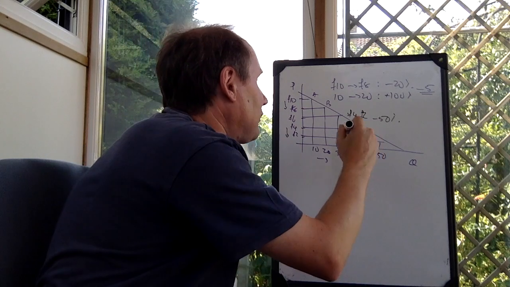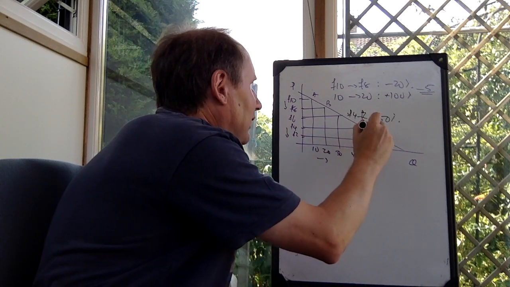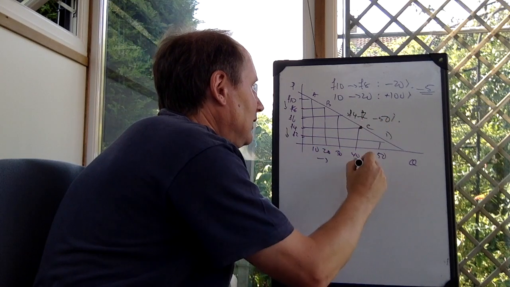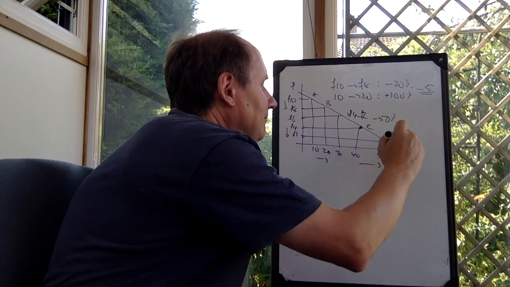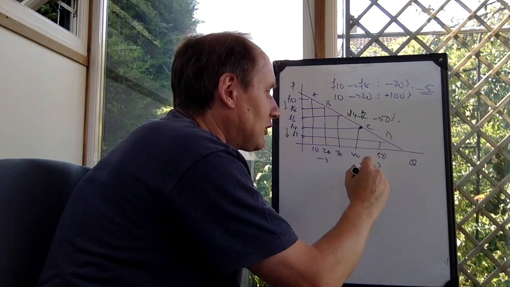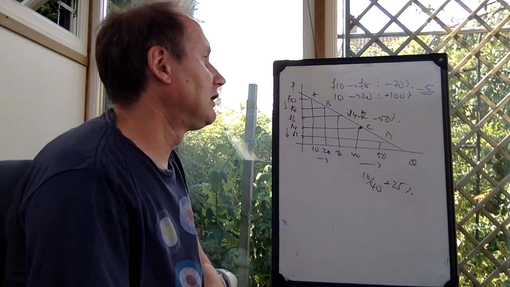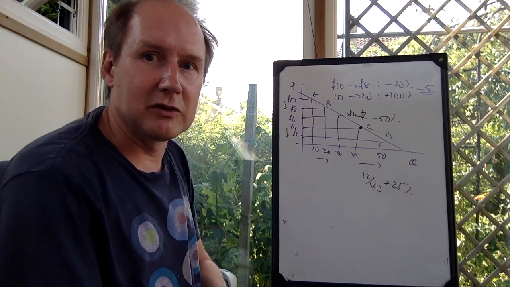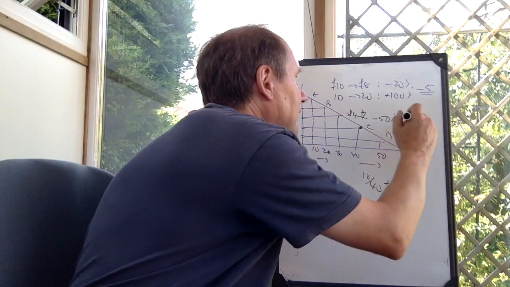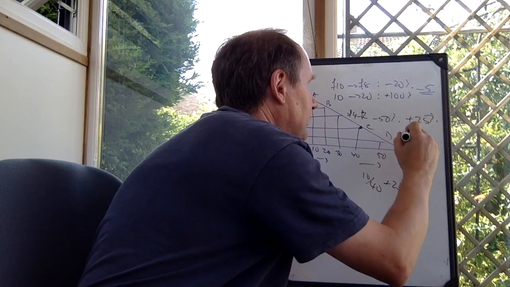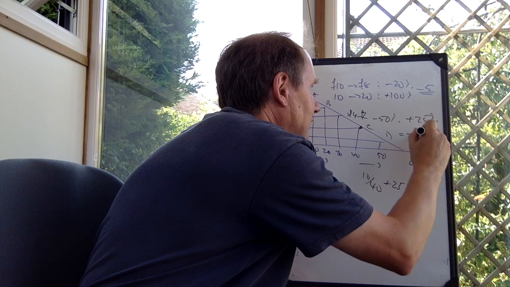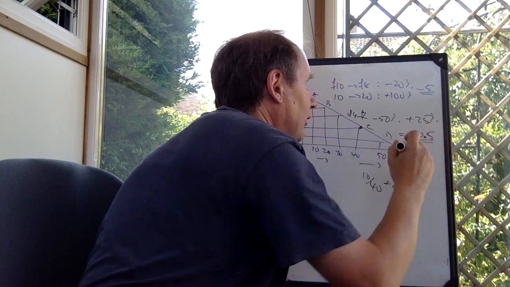And demand, as we move from point C to point D, rises from 40 to 50. Well, 40 to 50 has gone up by 10 out of 40. That's only a 25% change in demand. So price has fallen by 50%, demand has risen by 25%, so PED is only -0.5.